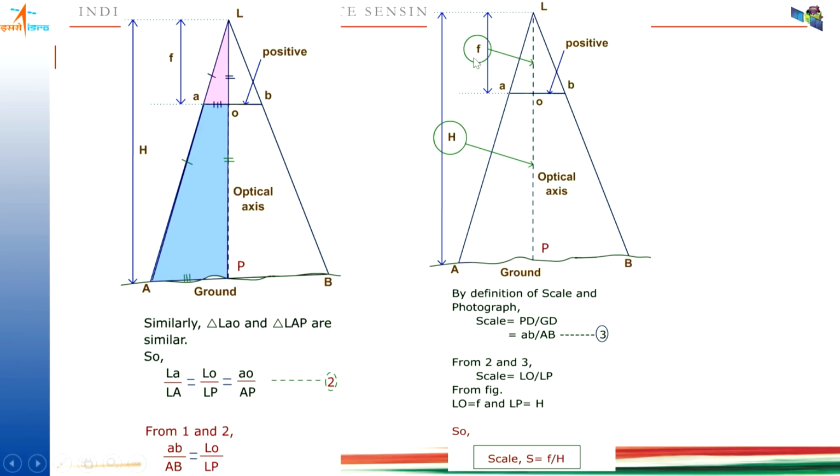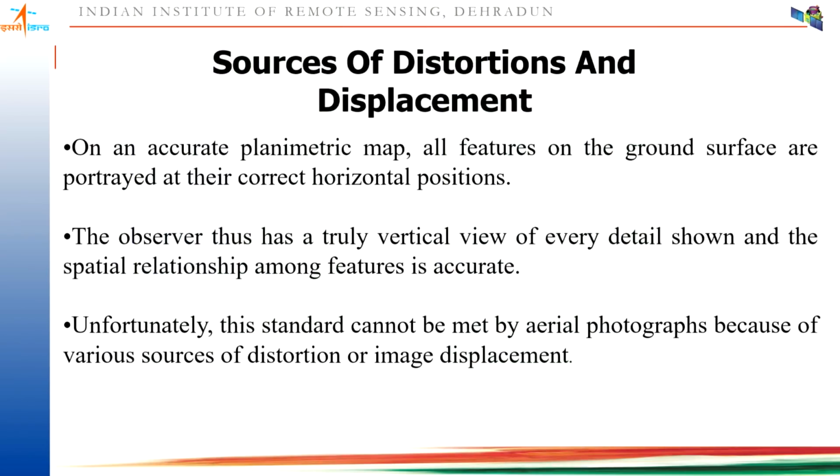So what we have to do, capital H we should take flying height above a datum so that it becomes constant, and height of individual point we have to take so that we can find out actual scale over a varied terrain, over a terrain which has varying relief. So the scale formula becomes scale is equal to focal length f upon capital H minus small h. Now small h is height of individual point. Since height of all the points is different, that is why scale is different at different positions. So this was about scale.